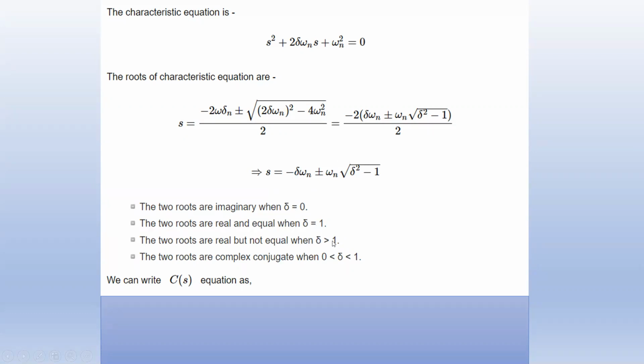If delta is greater than 1, this term becomes positive, and the square root of a positive number yields a real number, but the roots are not equal. And if delta is between 0 and 1, then we have complex conjugate roots. So based on delta, we can have different types of roots.